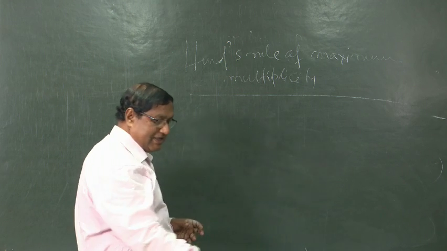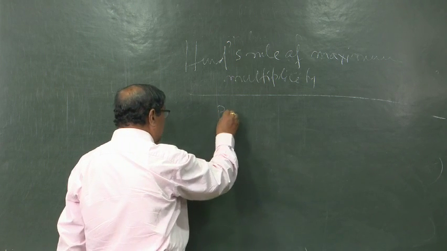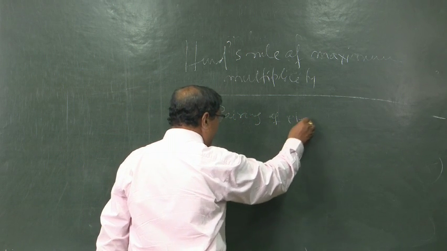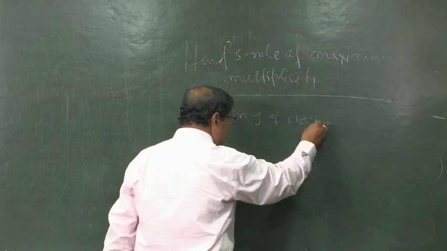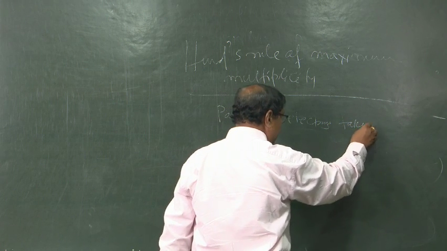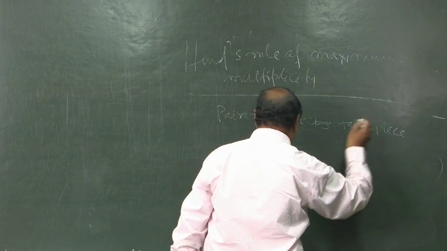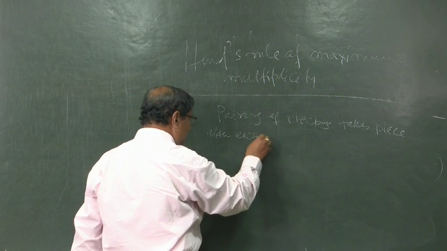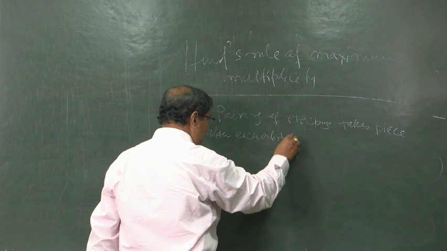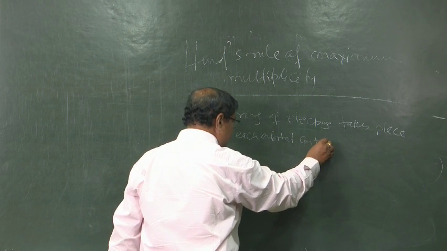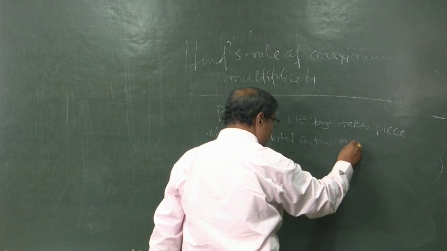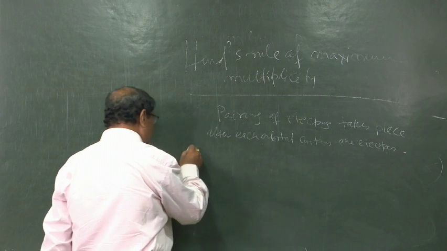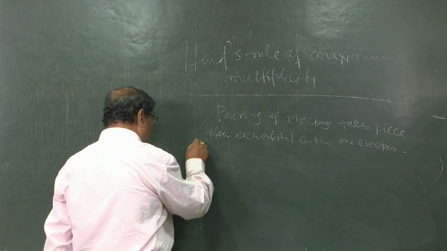The rule tells that pairing of electrons takes place only after each orbital contains one electron. Suppose we say it is p3.